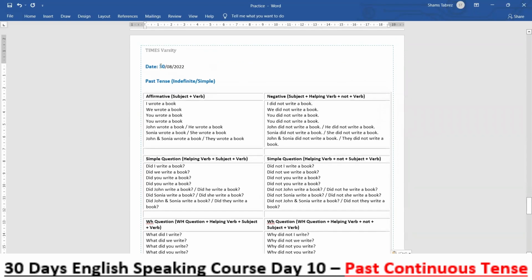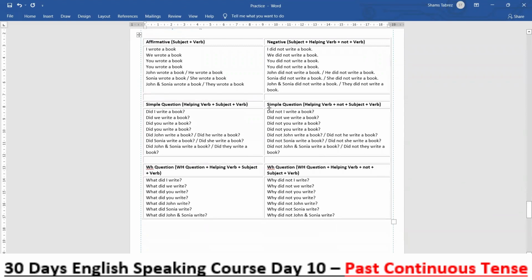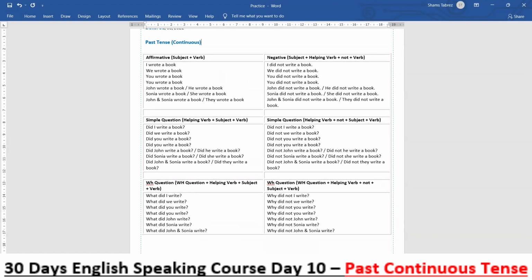Today is the 31st. In past tense, it is continuous or progressive. Anybody would like to make a sentence? Here you need to use the word write and make a sentence in past continuous, so we can compare as well.